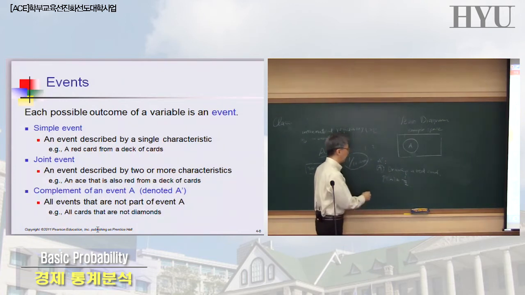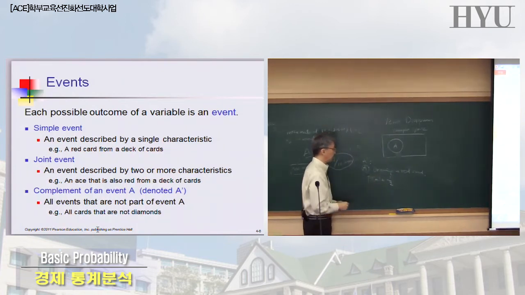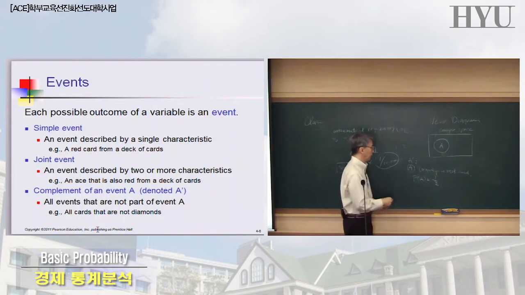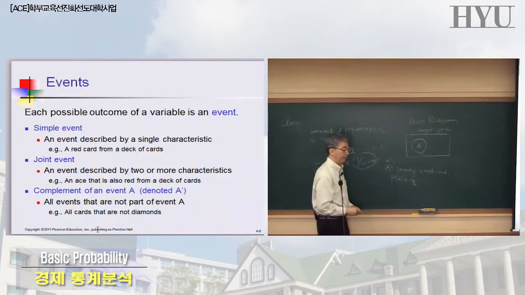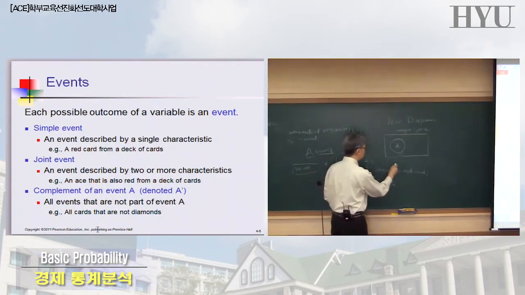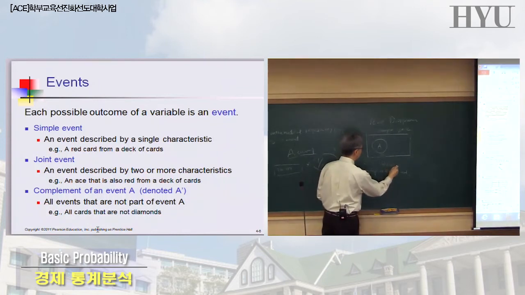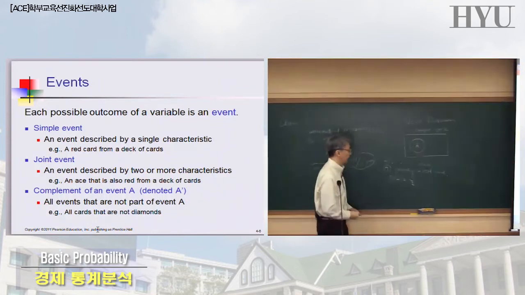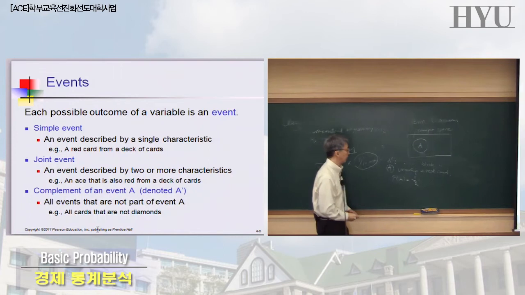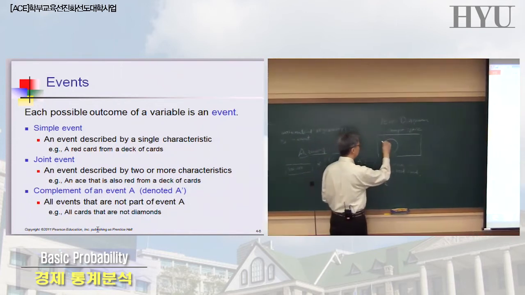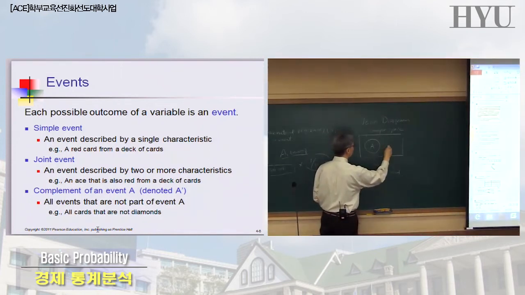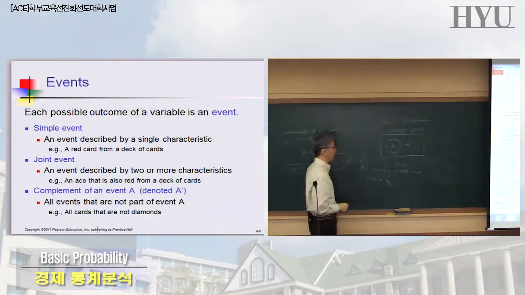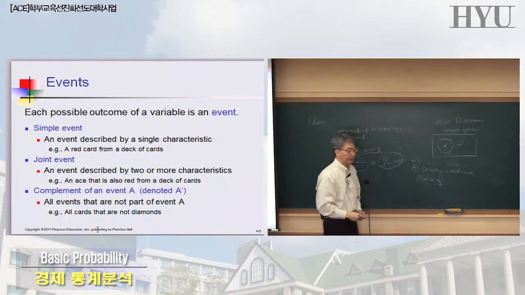If event A is the event of drawing a red card, what is A prime? Drawing a black card. So anywhere outside A, we can say that's A prime, in the Venn diagram.